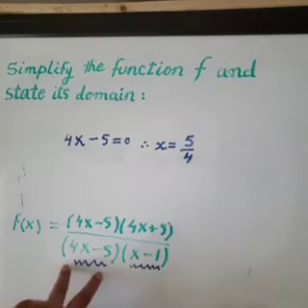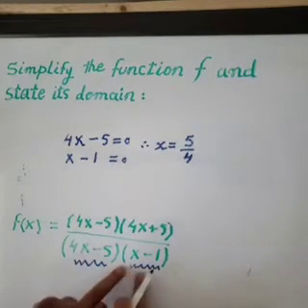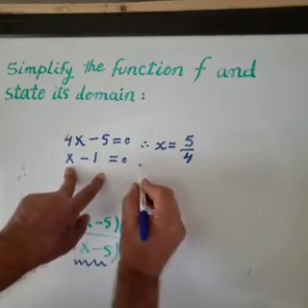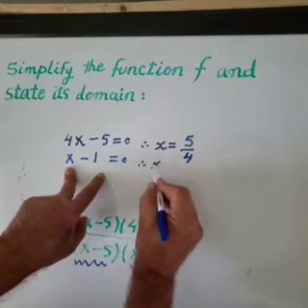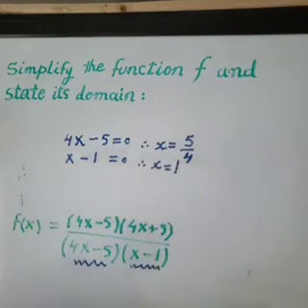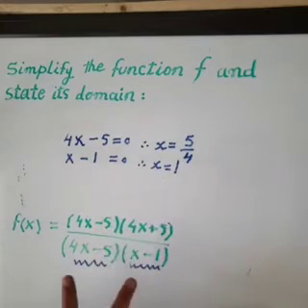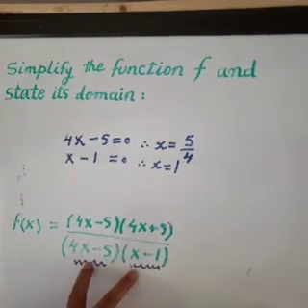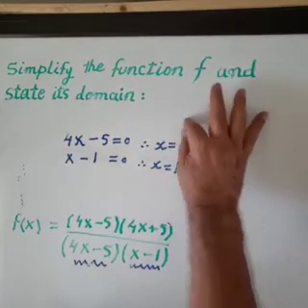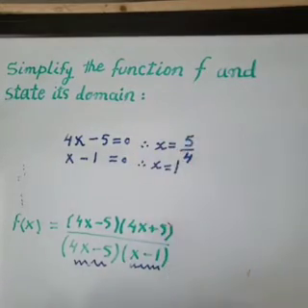This is the first zero. I mean this, take it and put it equal to 0. This will give you x is equal to 1. That means the two values of x which make the denominator equal to 0 are these two values. So we will eliminate those from the domain of the function.